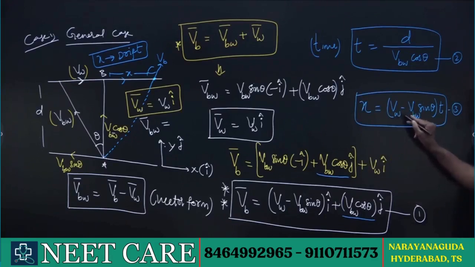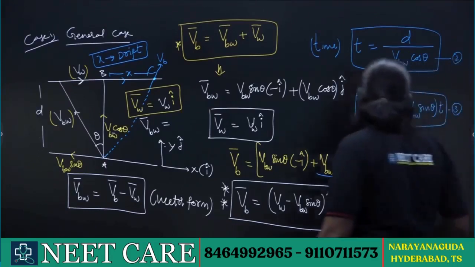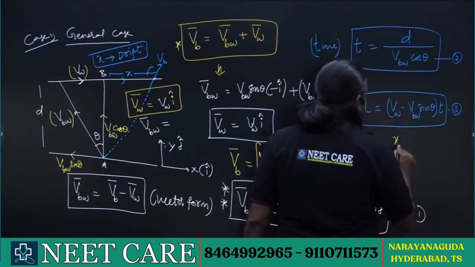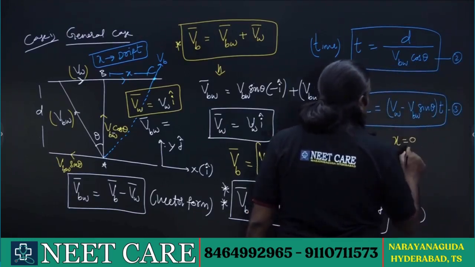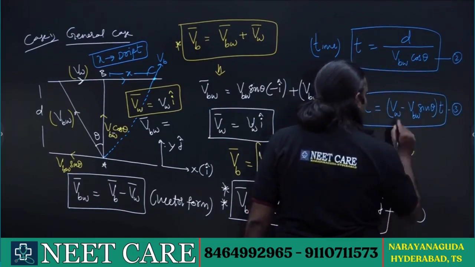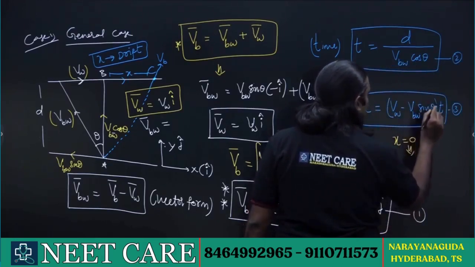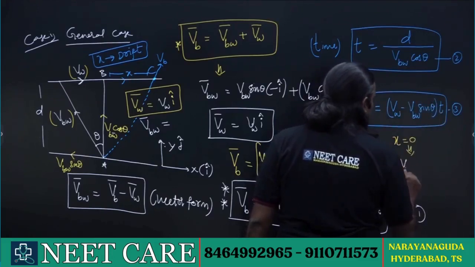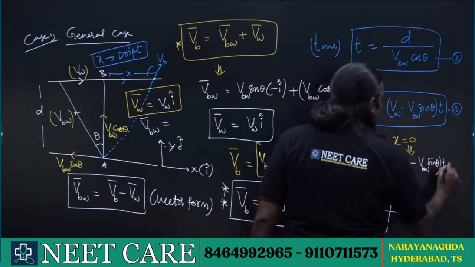So x is equal to (VW minus VBW sin theta) into t, no? So let us solve here itself. You just check what happens when x is equated to 0. You write this as VW minus VBW sin theta is equal to 0, because t will never be 0.